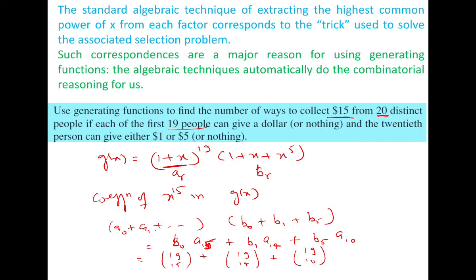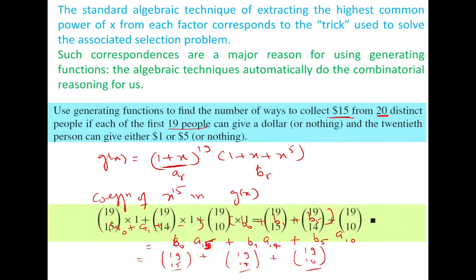It means that we already assumed 3 cases, that there is one person who either contributes 0, contributes 1 or contributes 5. These 3 cases are there. It means from the remaining 19 people, either I need to collect $15 or $14 or $10, and then the addition principle comes into the picture because there are 3 cases. So this is the combinatorial explanation.